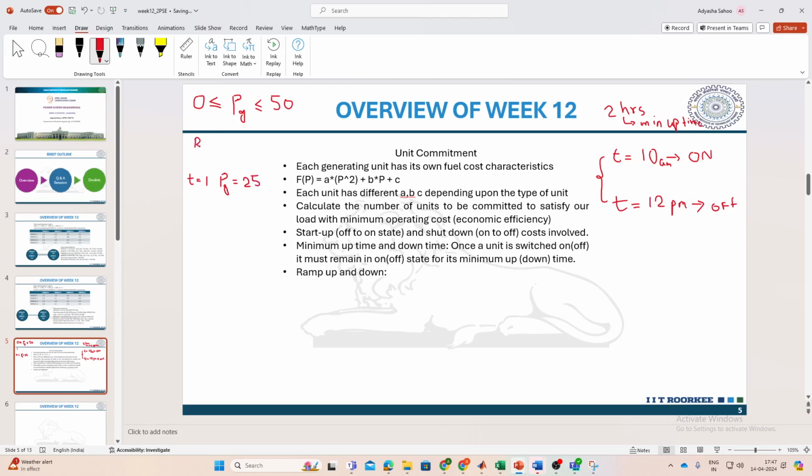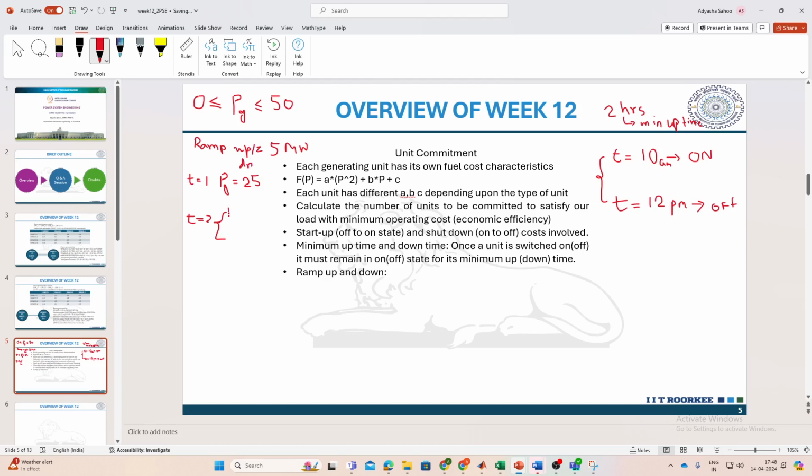And additionally, let us consider that the ramp up of its generator is 5. So what this means is that at t equal to 2, this generator can vary its output power, both ramp up and down. Limits are 5 megawatt.